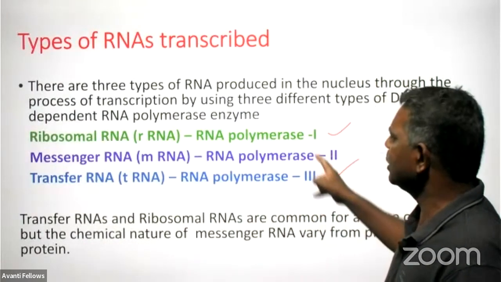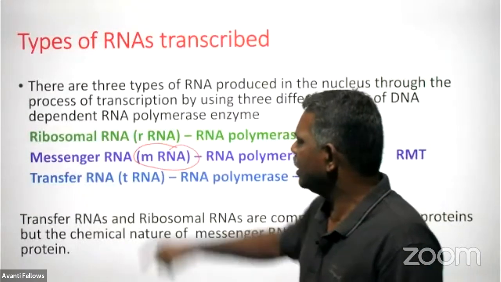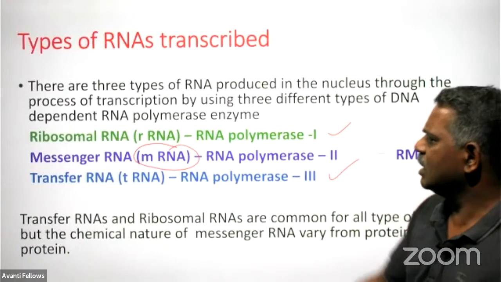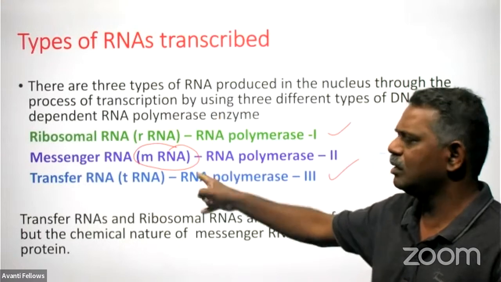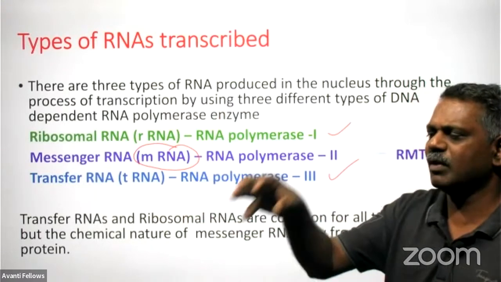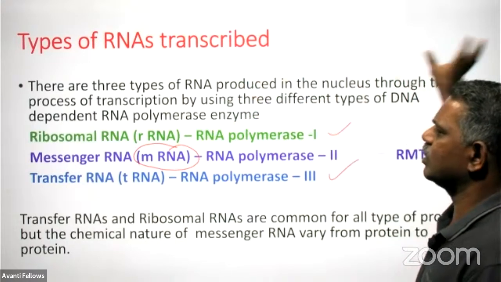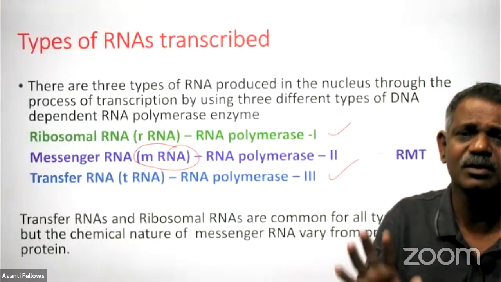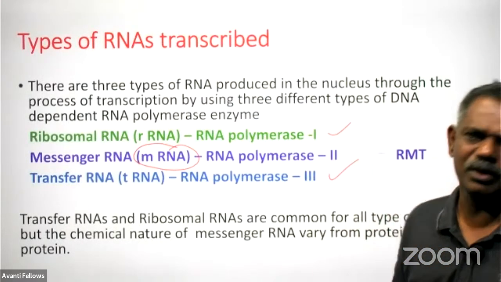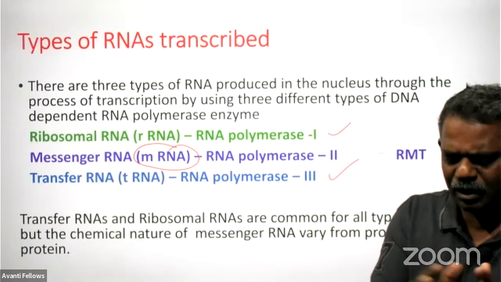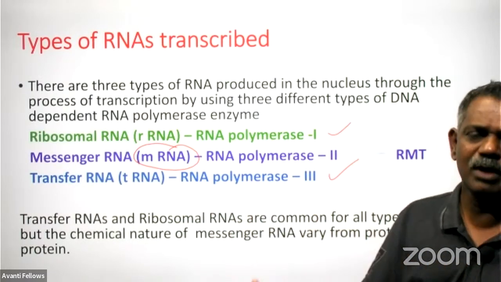Whereas the mRNA varies from protein to protein, because the sequence of nitrogenous bases present in the mRNA determines what type of amino acid will be placed one after another during the process of protein synthesis. And this is not common. It depends on the nature of the protein. Nature means the total number of amino acids present in the protein, or the length of the protein, the polypeptide chain.